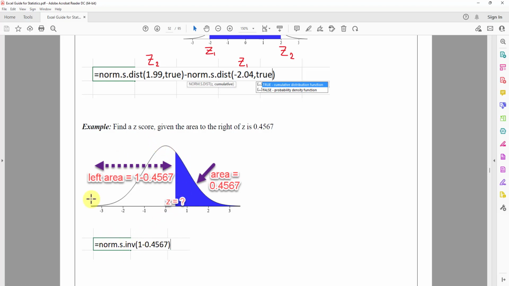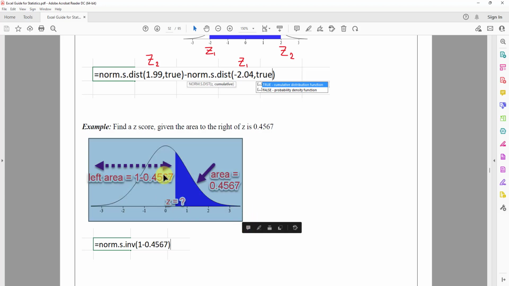So use the inverse function. Remember, when you use the inverse function, you need to input the area on the left of the value that you are looking at. The area on the right, we know that value, but we don't know the area on the left. Remember, the entire area should be 1.